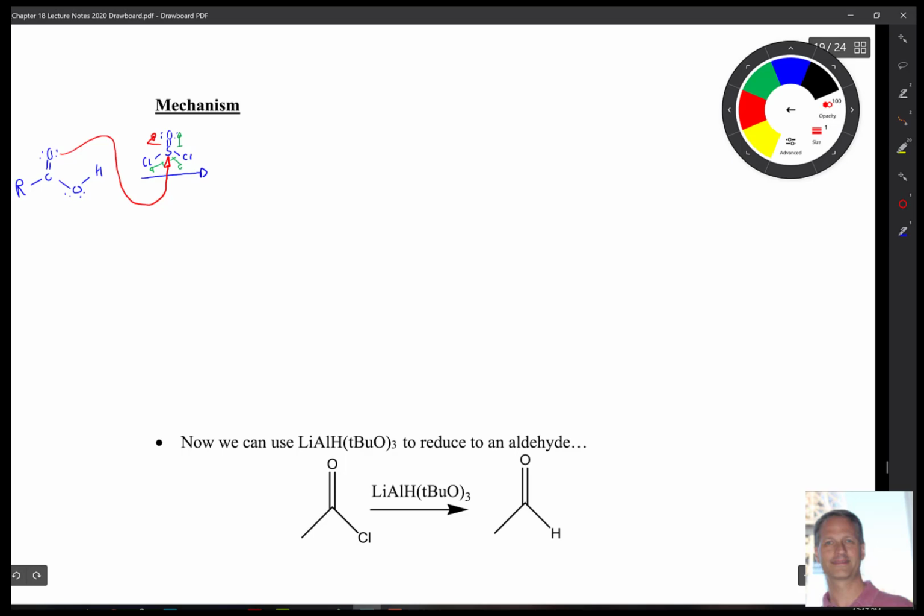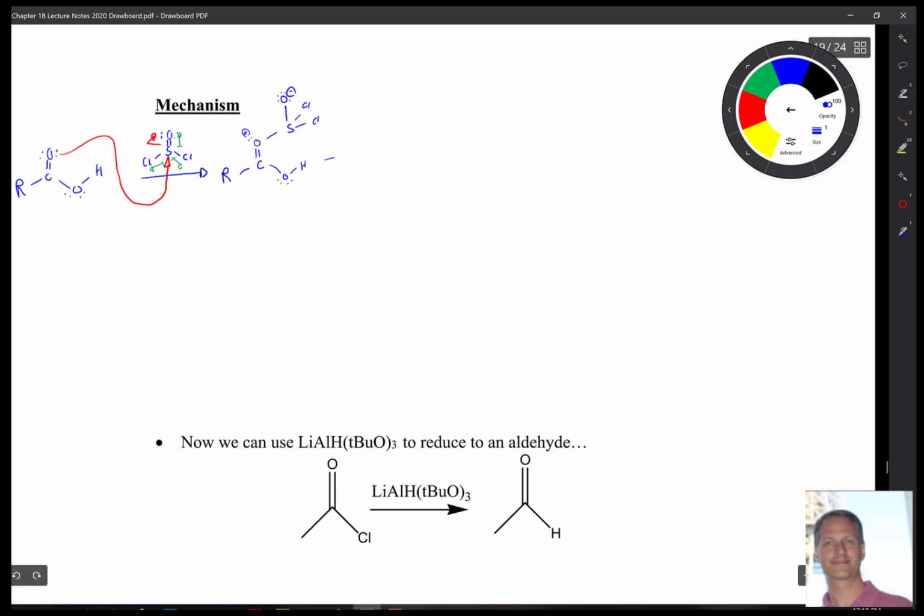So that oxygen is going to be more basic than the oxygen that's connected to the H down here. So that's going to give us an R, carbonyl, sulfur here. That sulfur is going to have an oxygen with a minus charge on it, a chlorine, a plus charge here, and then an OH down here.